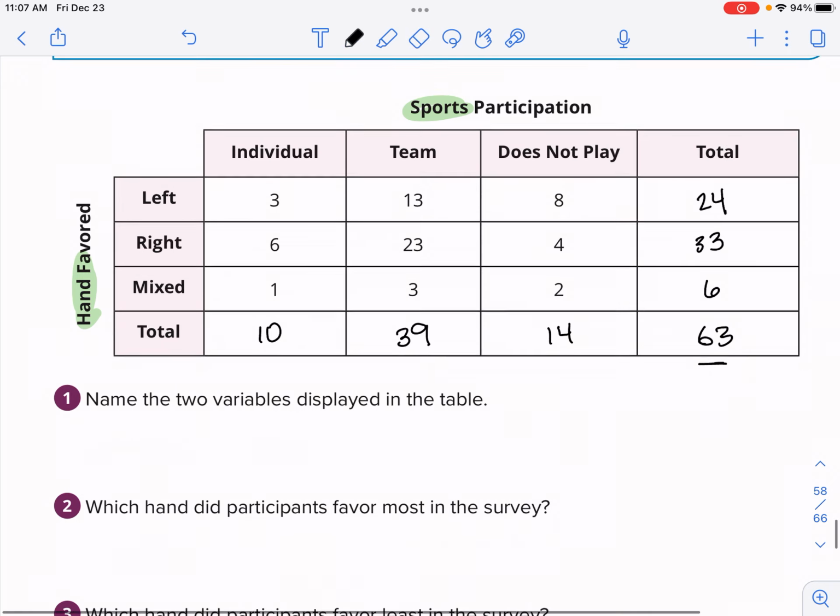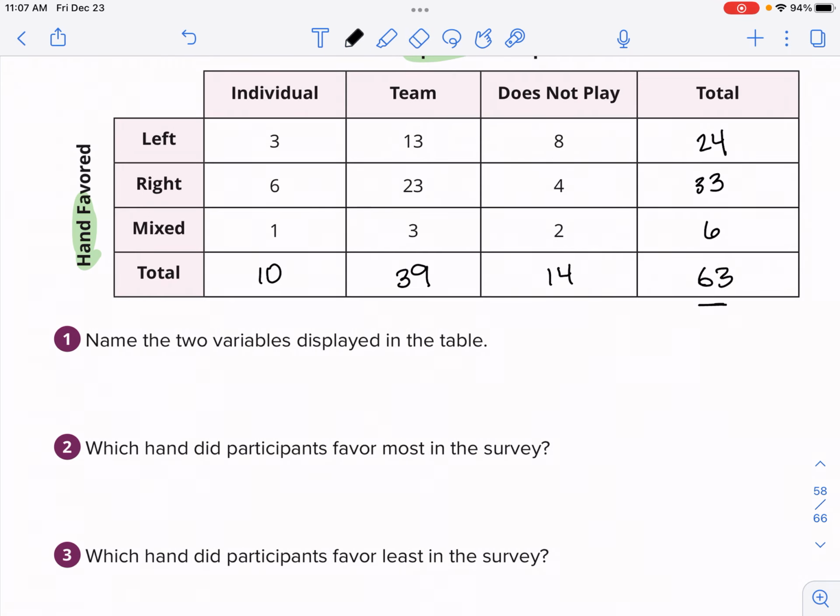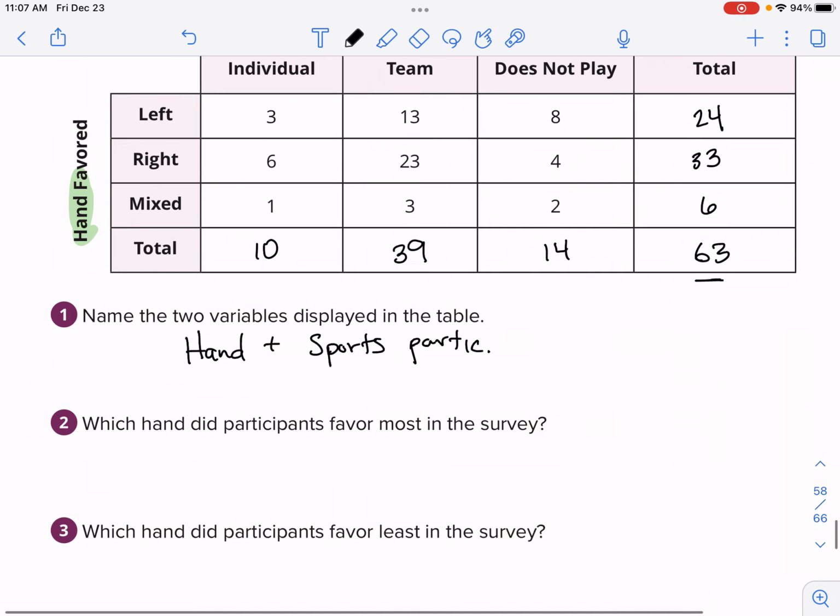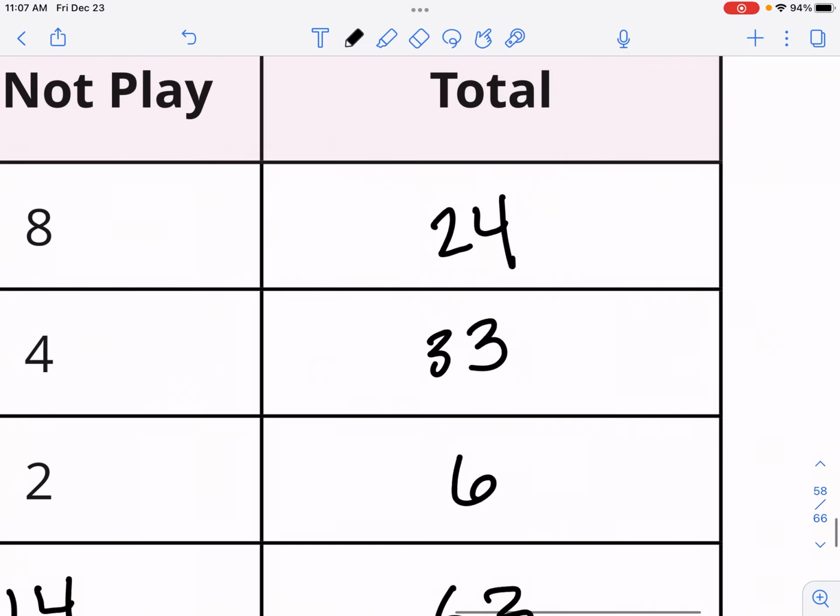Okay. Number 1, name the two variables displayed in the table. It is favored hand and sports participation. Which hand did participants favor most in the survey? So which one is the most out of 24, 33, and 6?